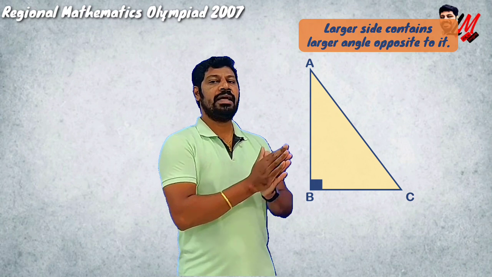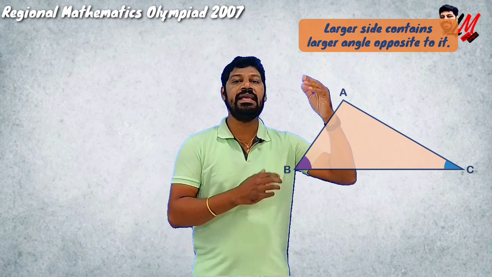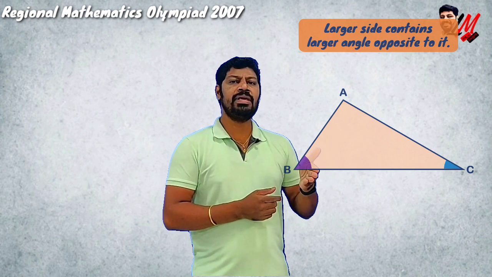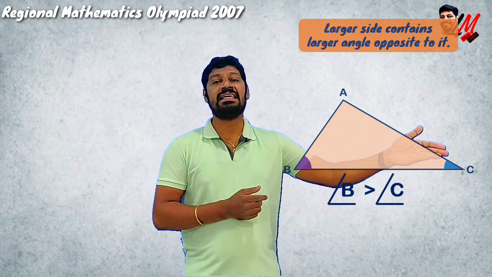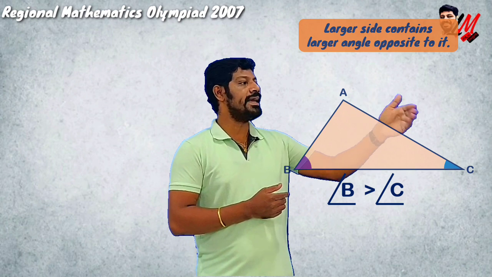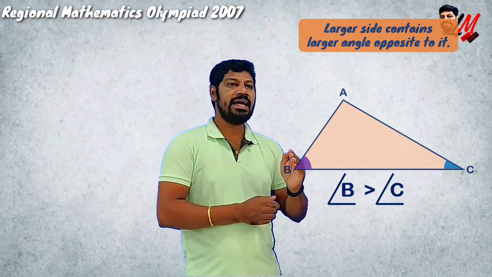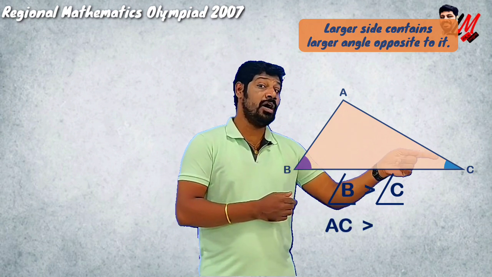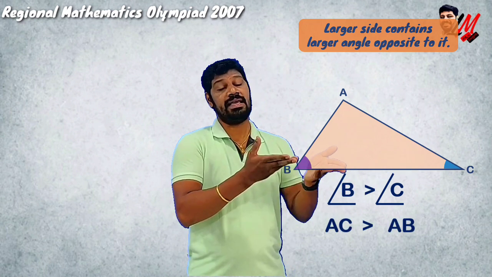Not only in a right triangle, suppose you take any acute angled triangle or any other triangle, and say angle B is greater than angle C. Then the side opposite to angle B, which is AC, is greater than the side opposite to angle C, which is AB.